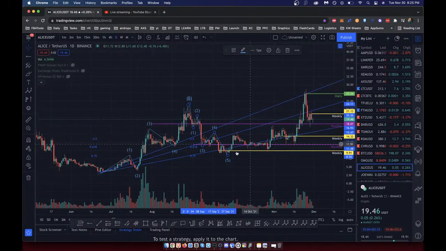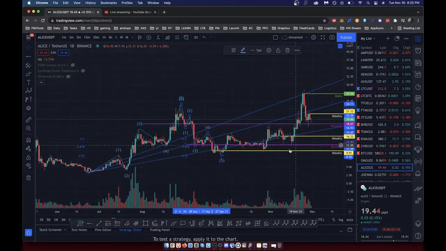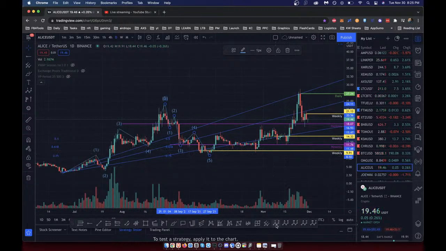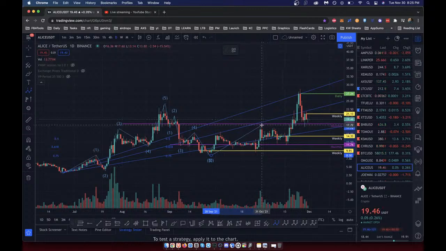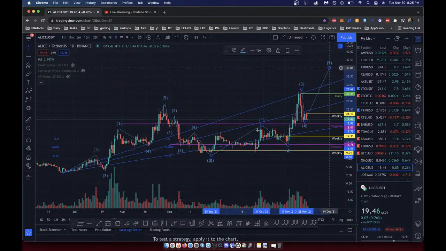And once we finish that, we've possibly started a new one. Possibly. I don't think this is even a correct Elliott wave at this point. I don't know what this would be.